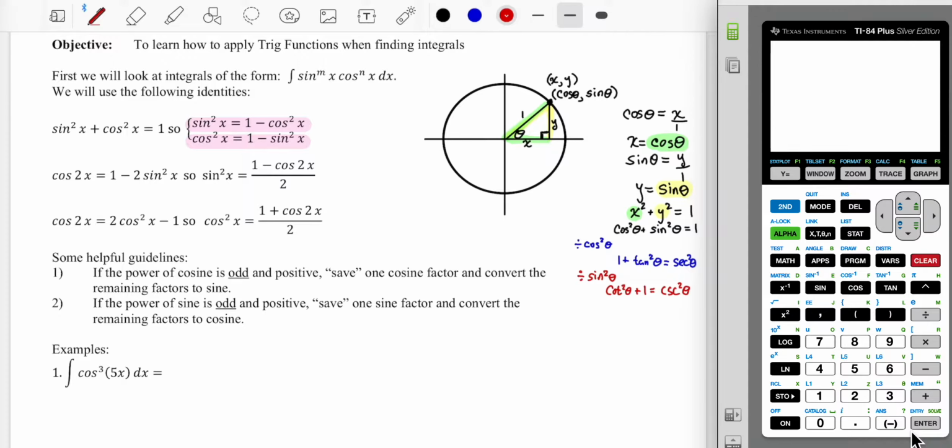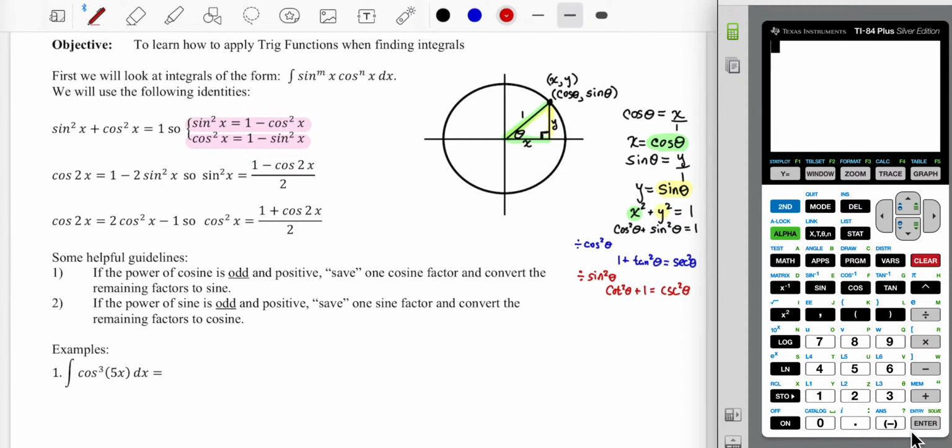The idea behind this is if you have an odd power, like cosine cubed in the first example, if you factor it by separating out one cosine, the other factor would then be cosine squared, and you'll be able to apply one of these rules. All right, that's the idea.